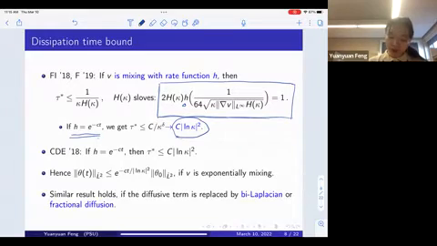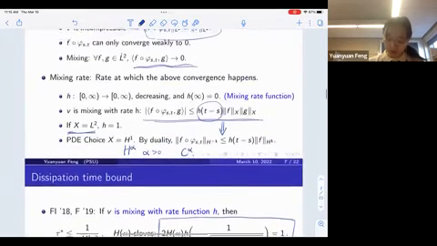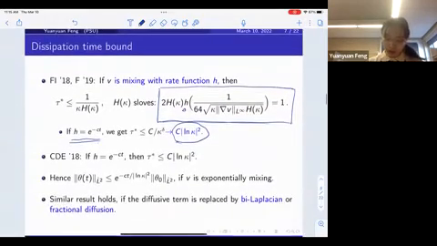Okay, at first our estimate only told us that the rate is C divided by kappa to the power of delta. But later I improved this in my thesis to be C times log kappa squared, and this estimate is the same as the result obtained by Tarek and Michele Coti Zelati at the same time in 2018.